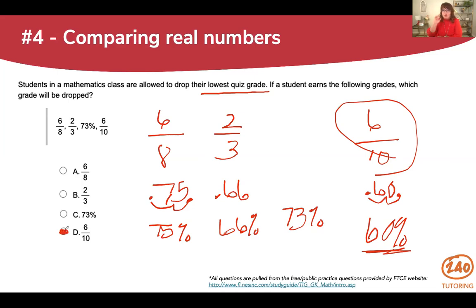Now I'm going to walk you through a little mental math, and if that scares you, just tune me out for just a minute. I want to quickly do some mental math here. So when I saw this, I saw 73%. I knew 6 out of 10 was going to be 60%, because 6 out of 10, 60 out of 100. Okay, we can add those zeros behind. I quickly saw that.